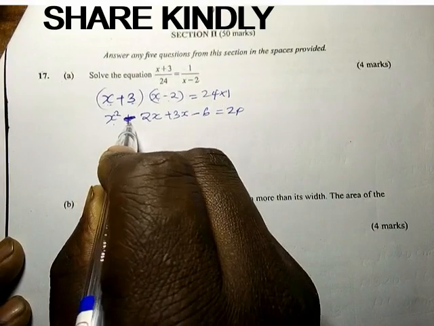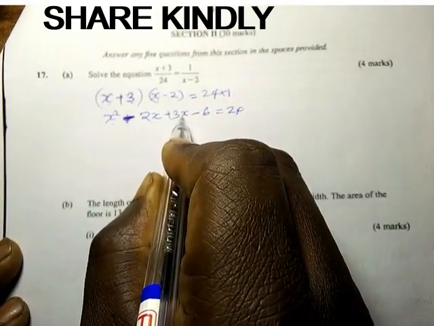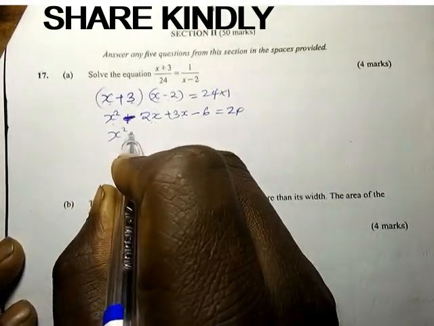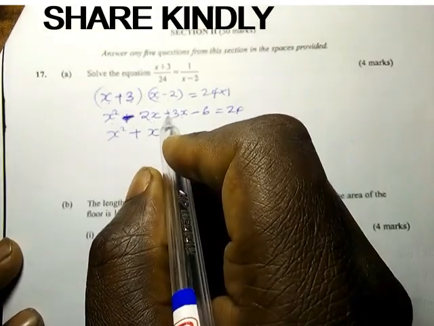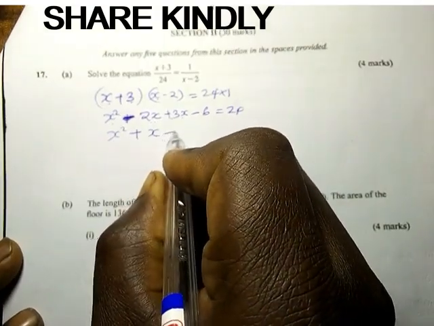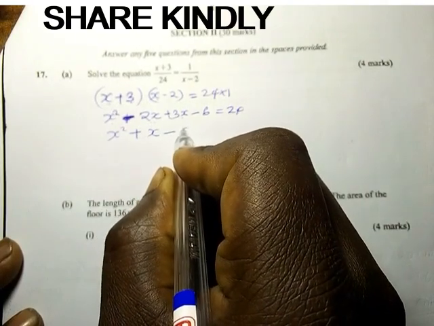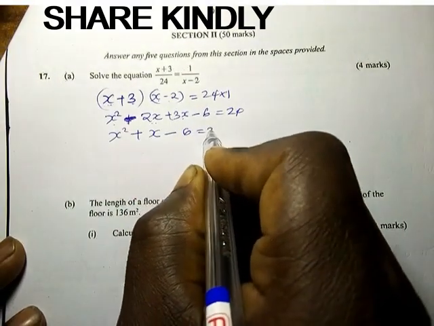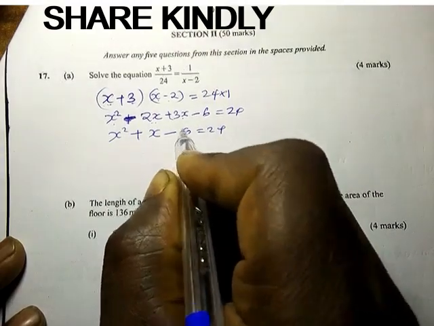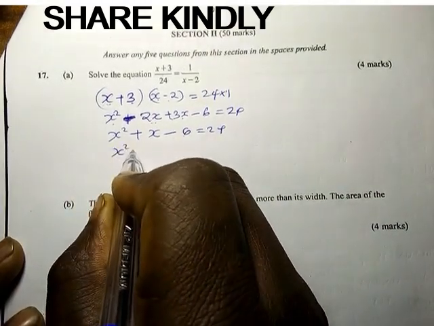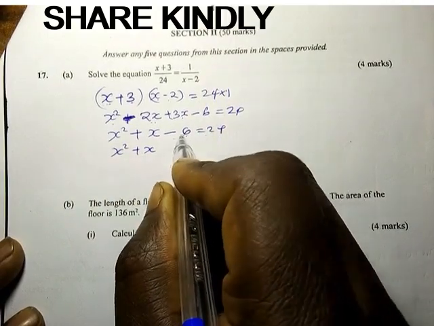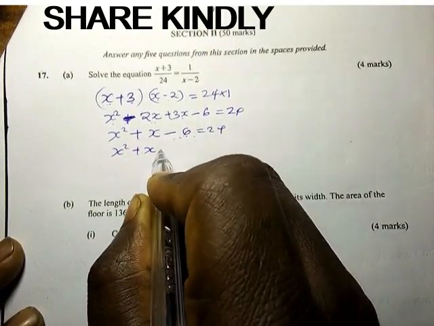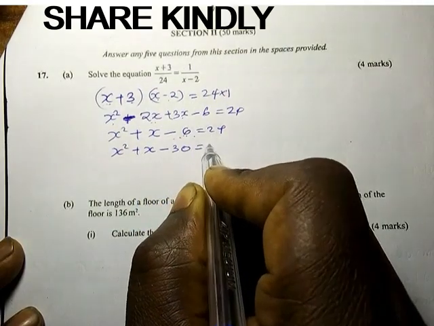So x squared minus 2x plus 3x, we will have x squared plus x minus 6 equal to 24. So bring this side where we have x squared plus x, negative 24, negative 6, negative 24 will be negative 30 equal to 0.